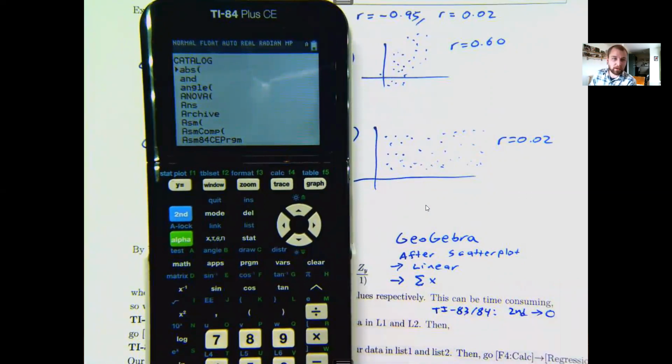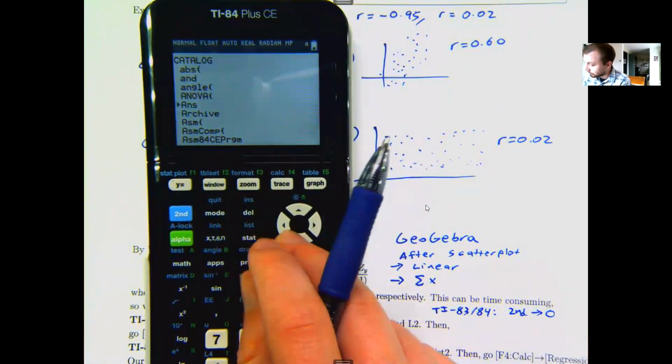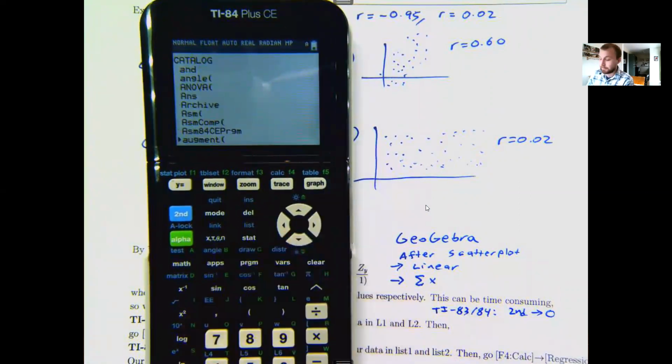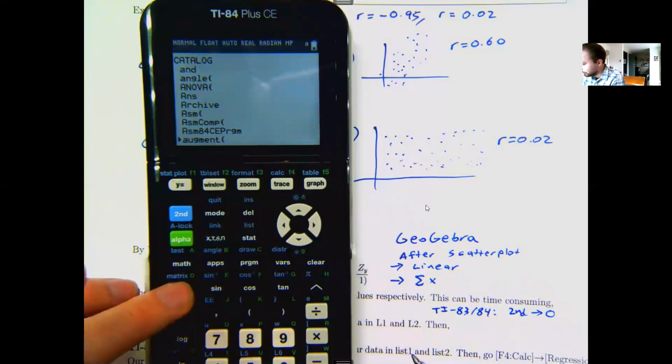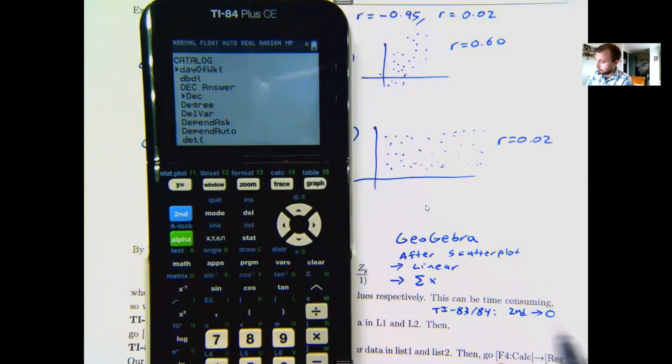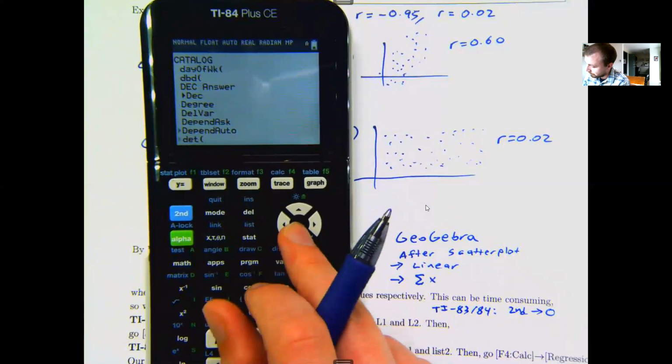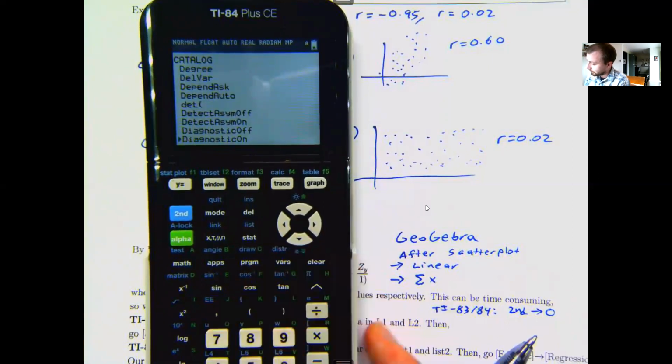Then I'm going to scroll down until I get to where it says diagnostic on. If you type the letter D, it jumps straight to D for you.